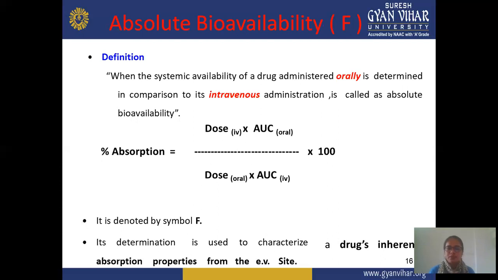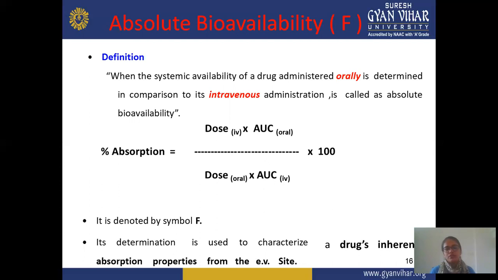You are giving a drug by the oral route and comparing this study with intravenous drug administration. In this, percent absorption equals dose IV times AUC oral divided by dose oral times AUC IV.